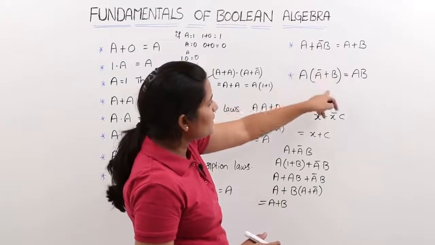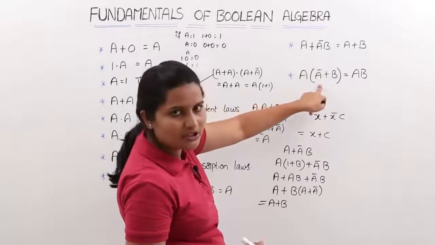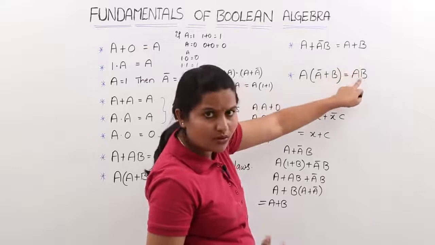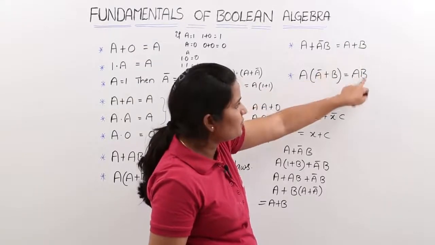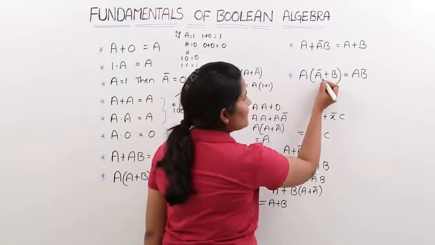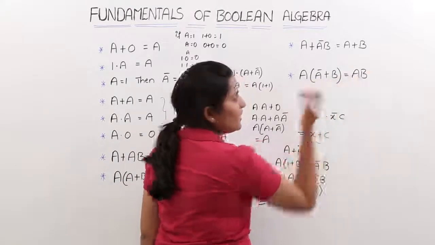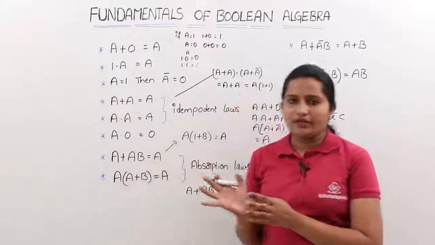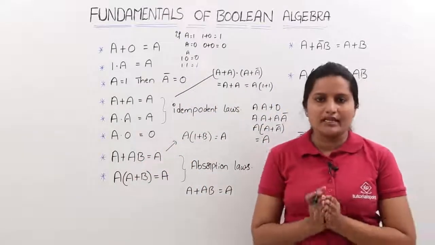So, generally we can solve like this: A into A bar is 0, A into B is equal to AB. Simply we can solve that. These are the general fundamentals we need to use in Boolean algebraic expressions.